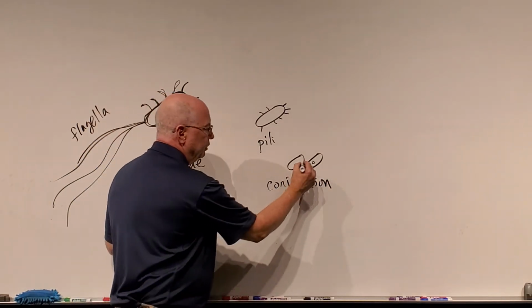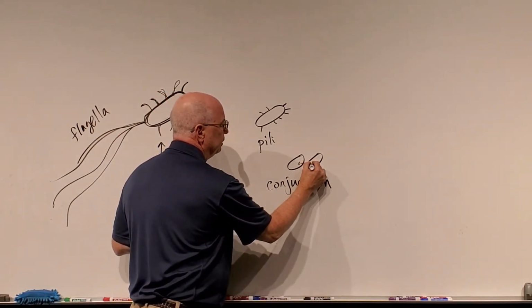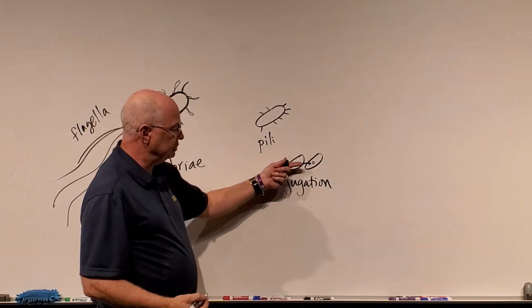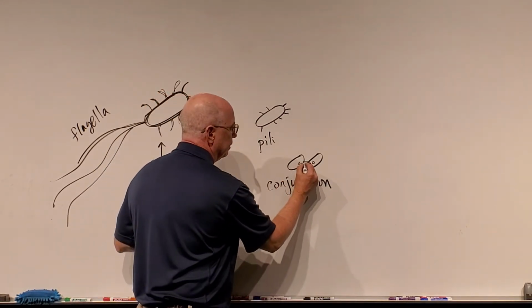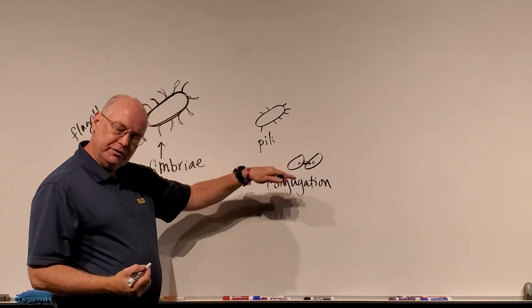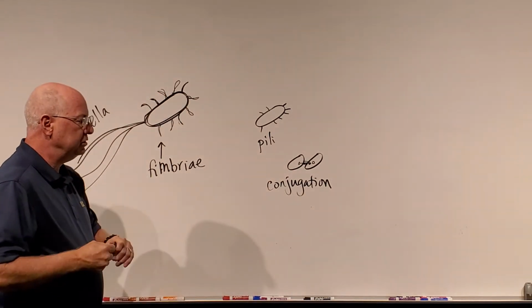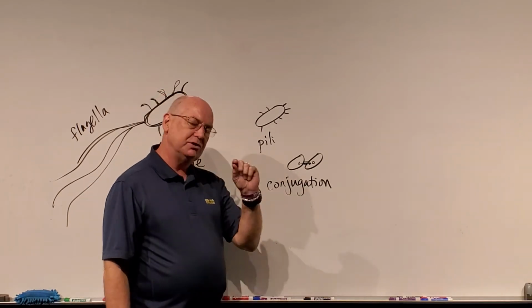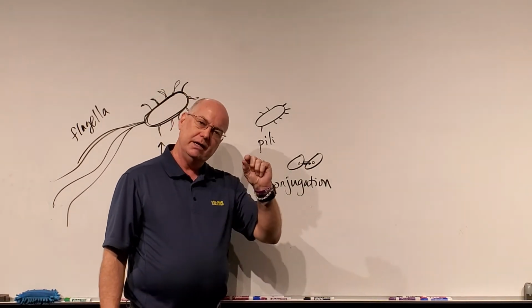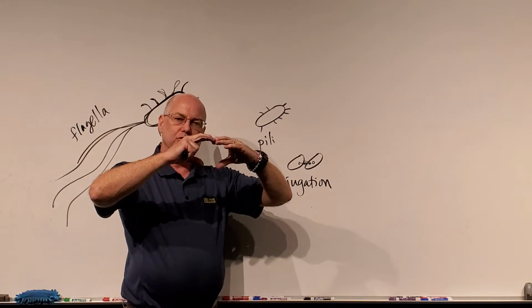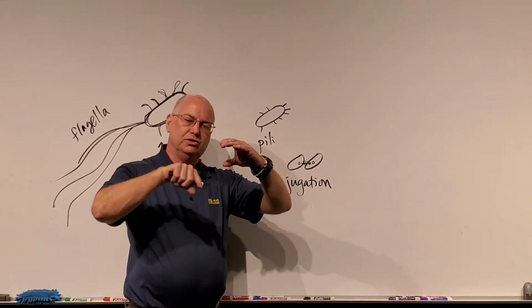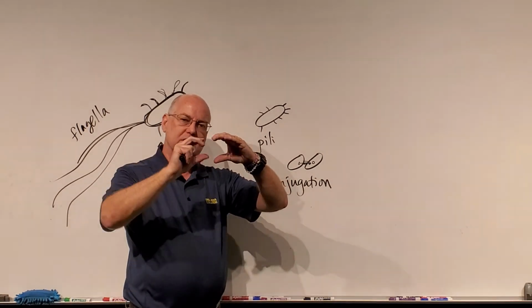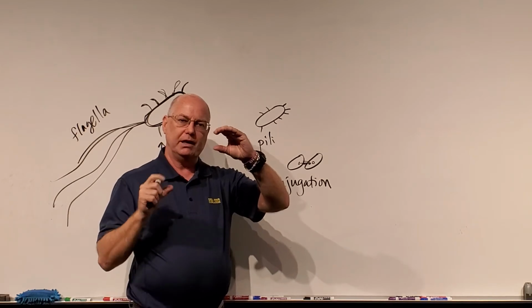Conjugation would be when one bacterium uses its pilus, called a sex pilus, to stick to another bacterium and then move a plasmid over or some genetic material and altering the genetic makeup of this guy. And again, a plasmid is a piece of extra chromosomal DNA that can be incorporated into the chromosome if necessary so that we can run those genes and turn them into proteins. And when we don't need it, we can pull it back out.